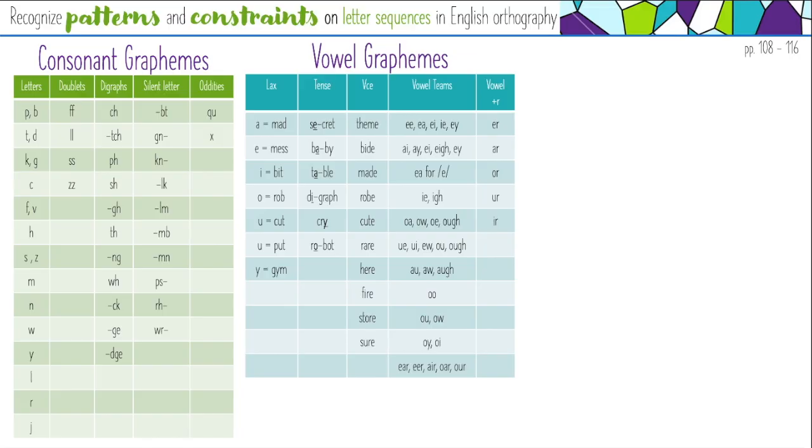Vowels tend to be a little bit more hairy. As you can see, there's a lot more combinations and possibilities for our vowel groups to join up. You've got the short vowels, of course, and then you have your tense vowels, which are open syllables.